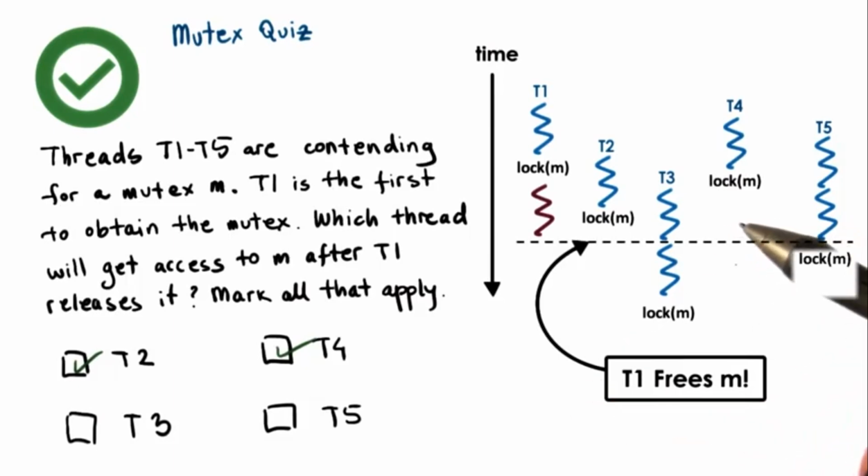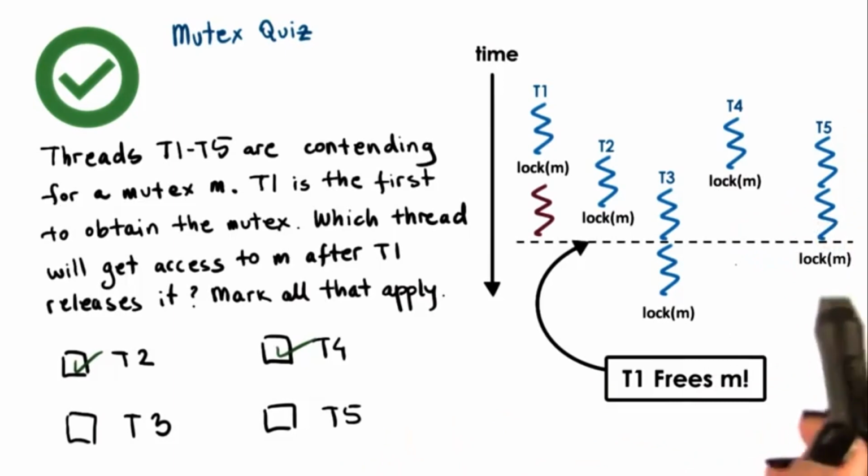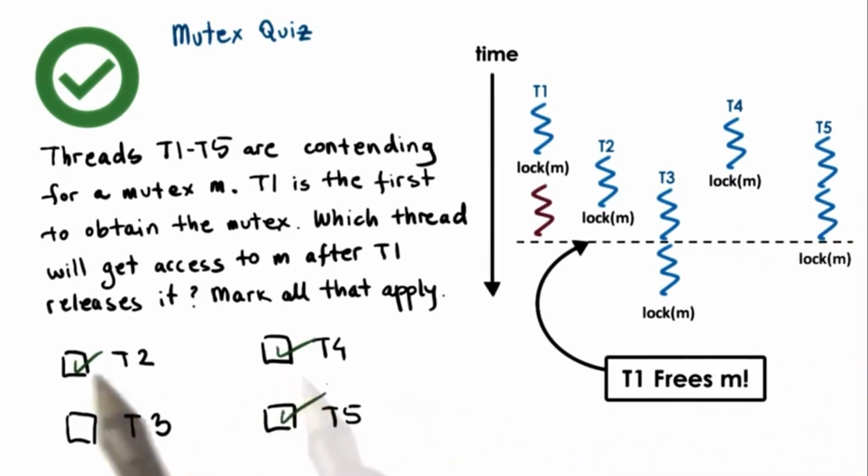The lock is still free at that particular time, and so T5 is the one that actually gets the lock. So it is the one that gets to execute next. So any one of T2, T4, or T5 is a viable candidate for which thread is going to execute after T1 releases the lock.